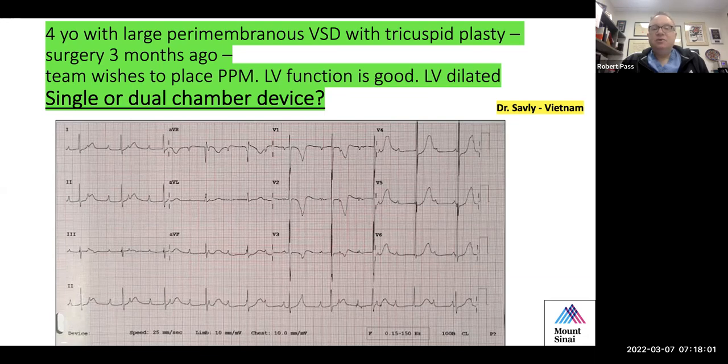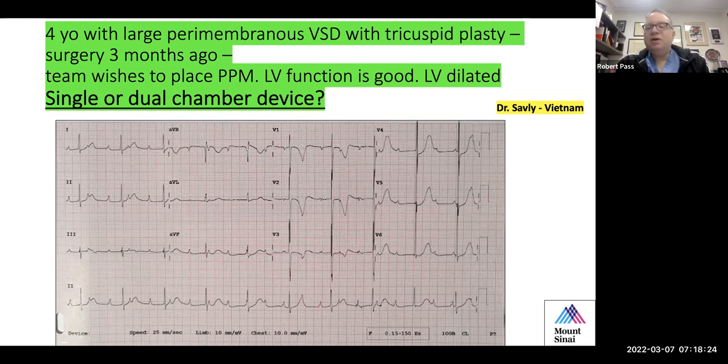We usually would place such a device after about 9 to 10 days. Most of the studies on this have suggested that by 9 or 10 days, there's a very small incidence of recovery. So if you do not have recovery of your conduction by about post-op day 9, you have like a 97% chance of it never recovering.